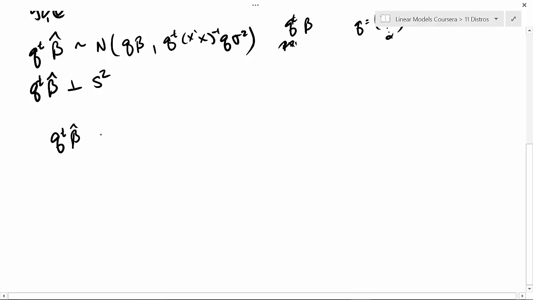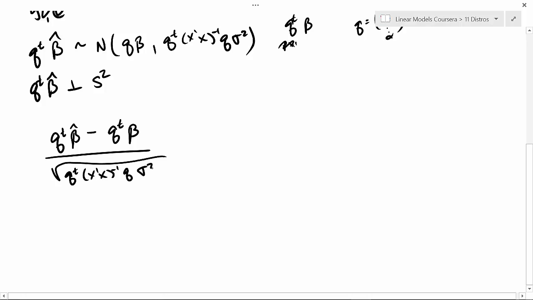Okay, so Q transpose beta hat minus Q transpose beta divided by the square root of Q transpose X transpose X inverse Q times sigma squared is going to be normal 0, 1.